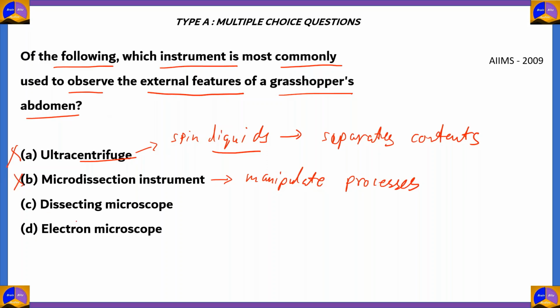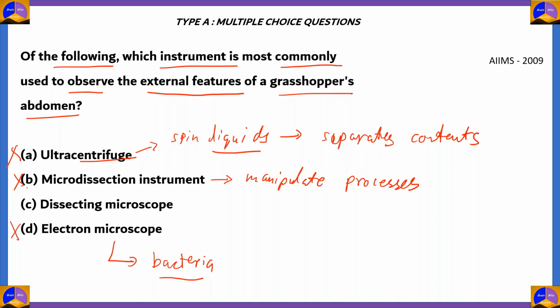What about option D, electron microscope? This is used to observe stuff, but it is used for organisms such as bacteria, which are very, very small. Well, we're asked to observe external features of a grasshopper's abdomen, which is way bigger than the size of bacteria. So option D is also incorrect.